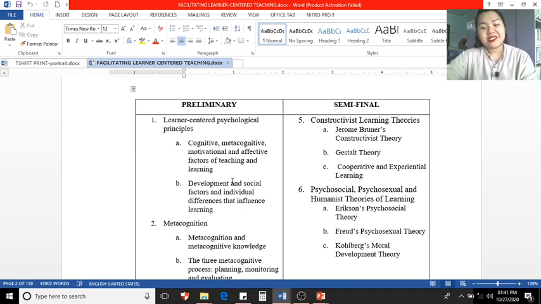And for Chapter 6, we have the Psychosocial, Psychosexual, and Humanist Theories of Learning. So, meron tayong tatlo. I believe these learning theories are already familiar to you since they were already discussed in your Prof. Ed 1, the Child and Adolescent Development. Right? So, let's start.